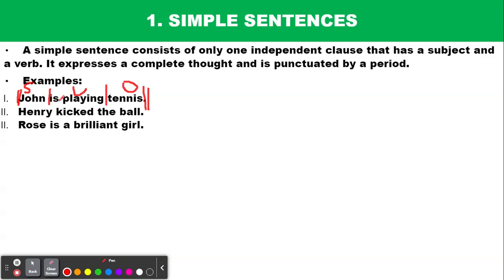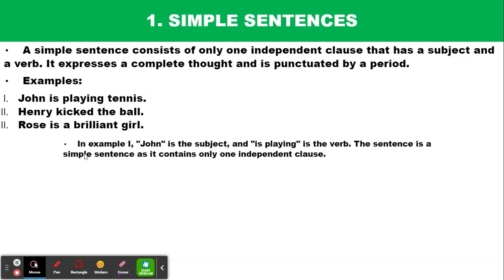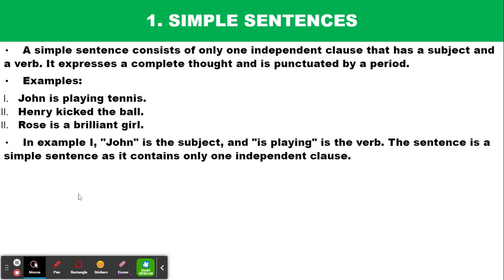Now the 2 mandatory parts of a sentence are the subject and the verb. Some people break the sentence into 2, the subject and the predicate, or you may say the subject and the verb. You look at all the other structures, they have similar components.